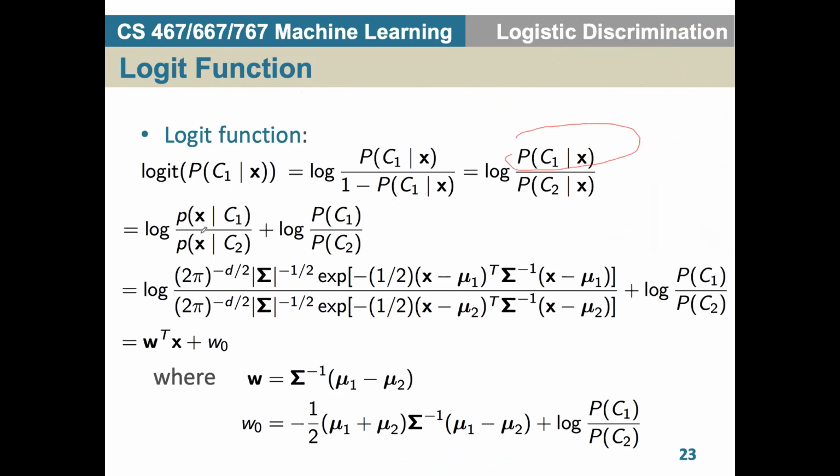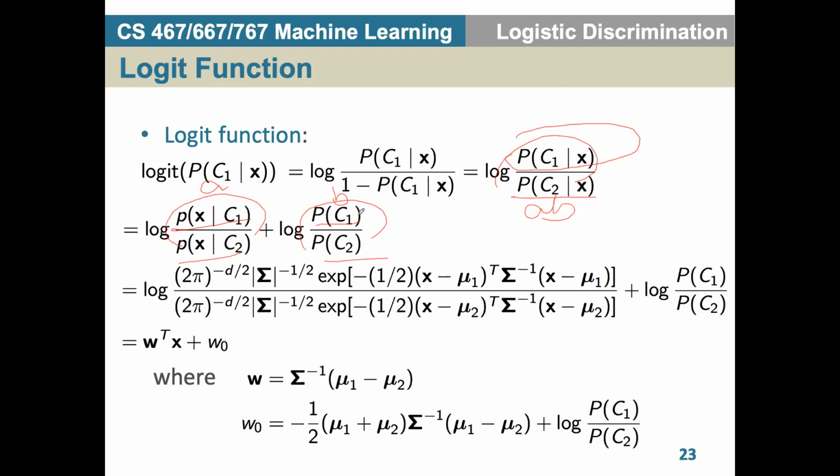This thing is equal to this thing times this thing divided by P(x), and this thing equals this thing times this divided by P(x), so this whole thing is equal to this thing times this thing. If this is A and this is B, this is log AB, which is log A plus log B, right? Yes. Okay, any other question about this formula?